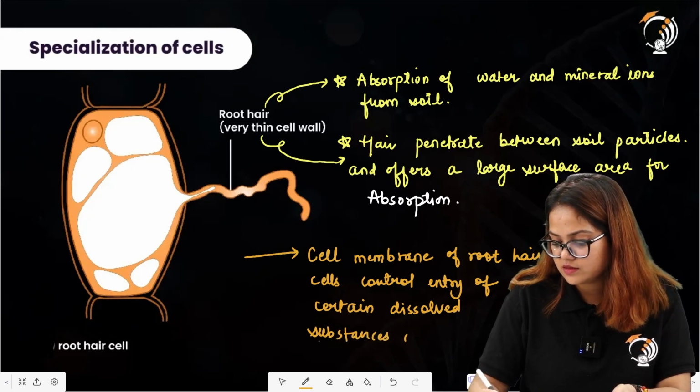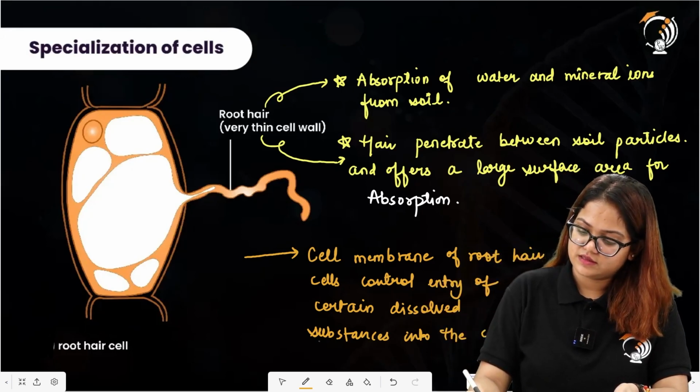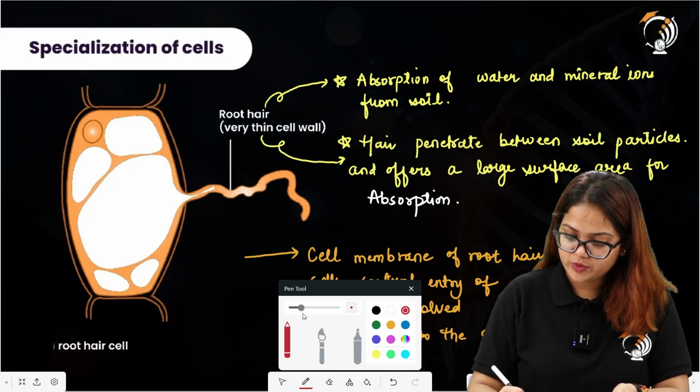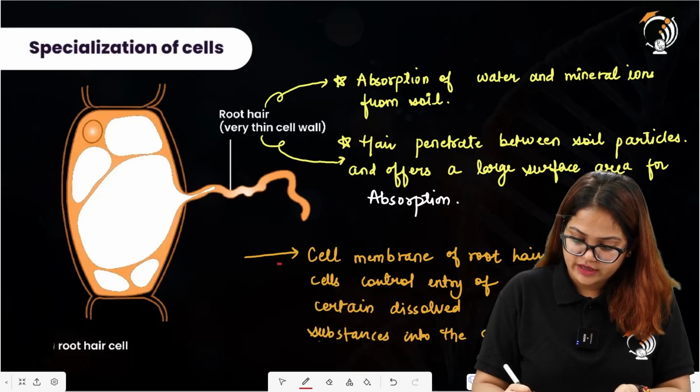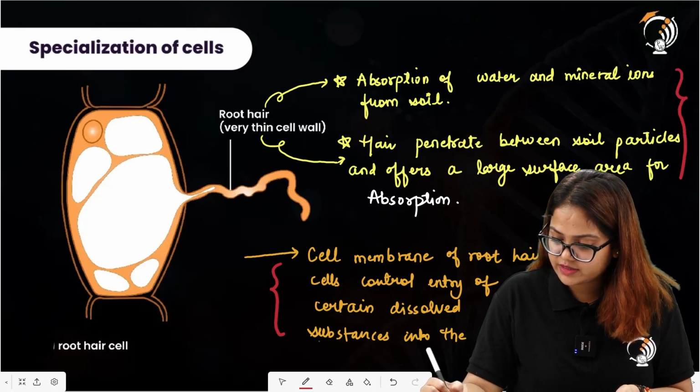All right, so I hope you understood these pointers as well. So these are very important as per examination point of view.